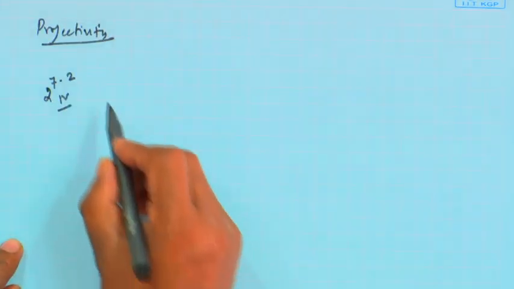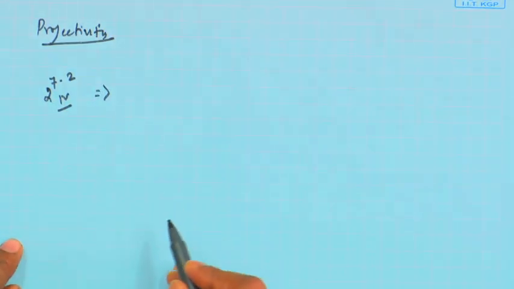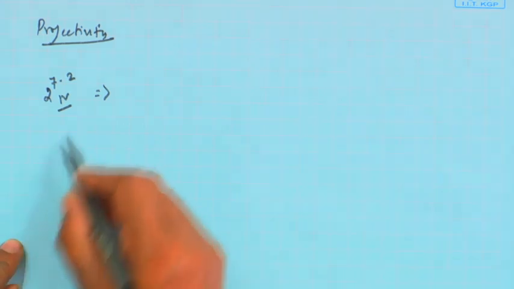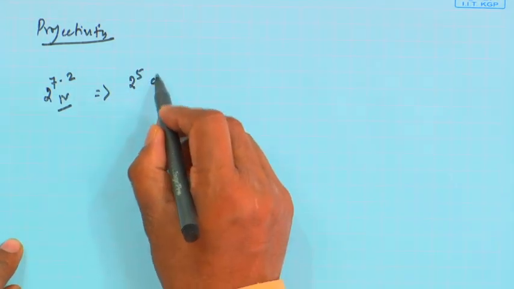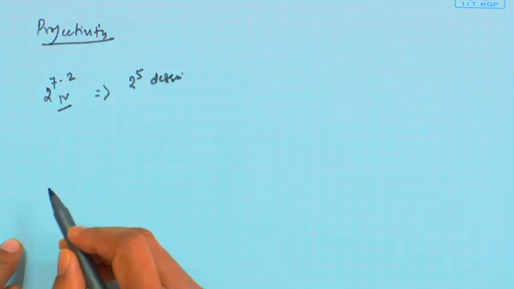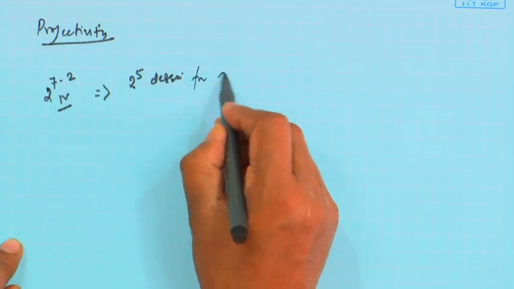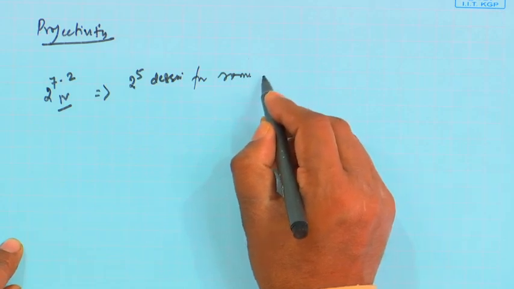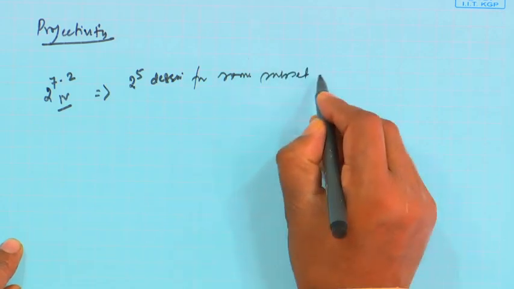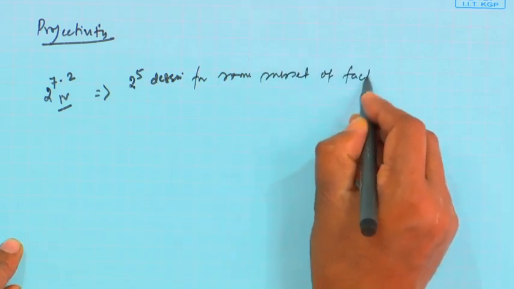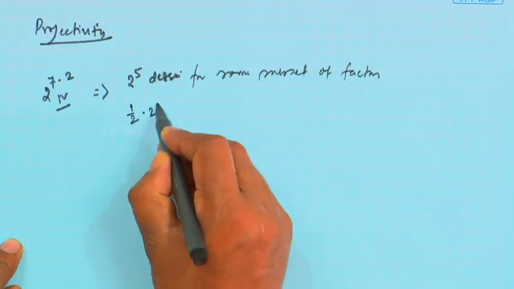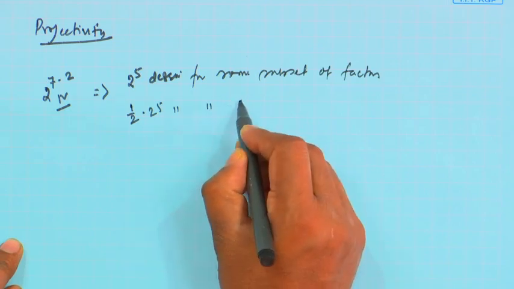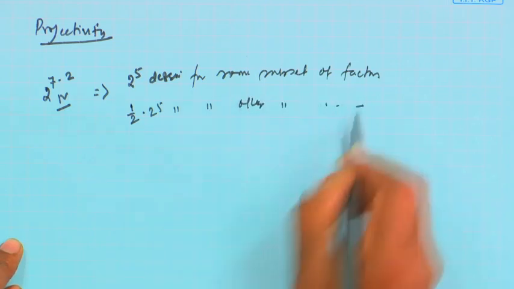Then you will find a 2 to the power 5 design for some subset of factors and a 1/2 fraction of a 2 to the power 5 design for another subset of factors.